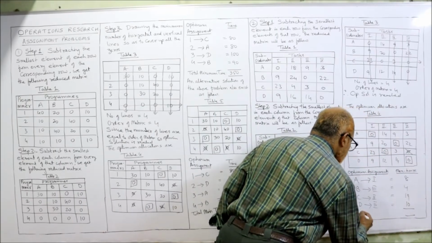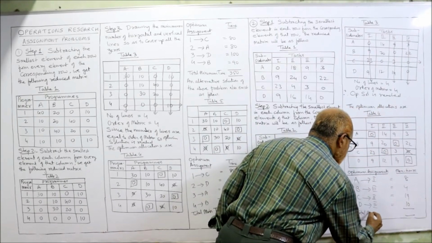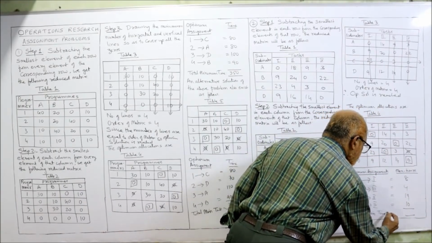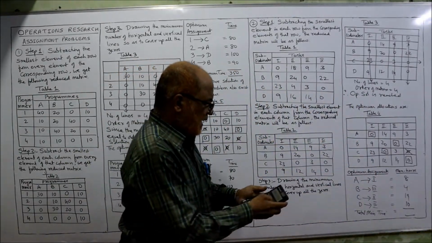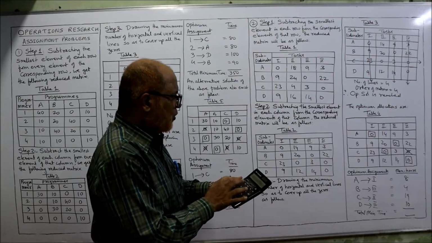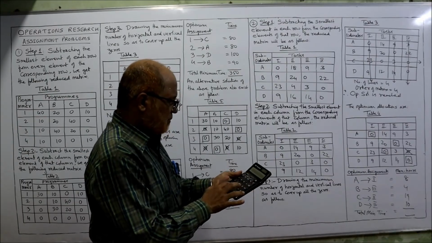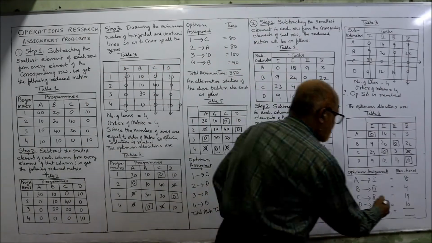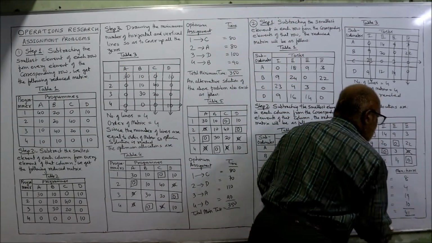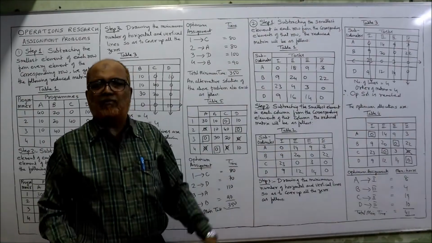So total minimum time is equal to, now we have to add up 8 plus 4 plus 19 plus 10 is equal to 41 hours. 41 hours.